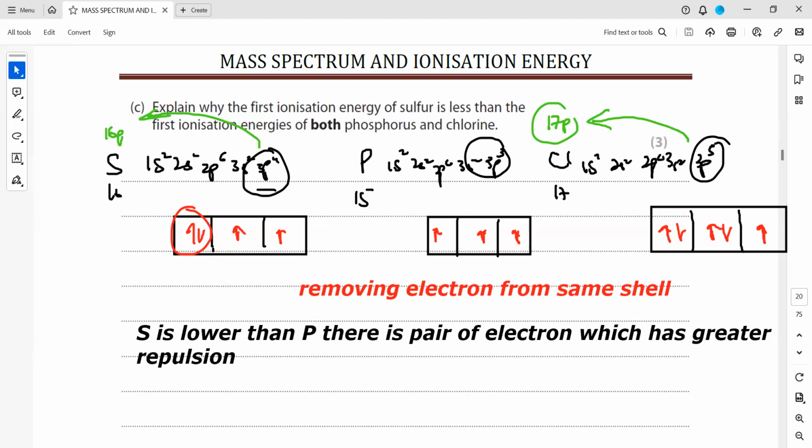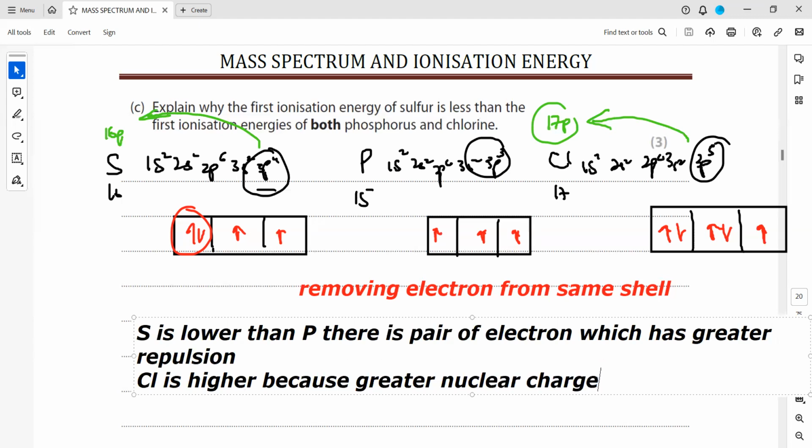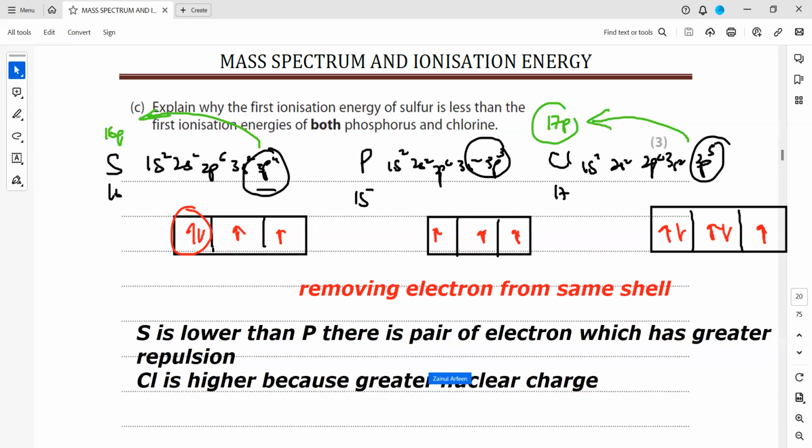Or you can also say that chlorine has a greater nuclear charge, so as a result it has more attraction towards the valence shell electrons.